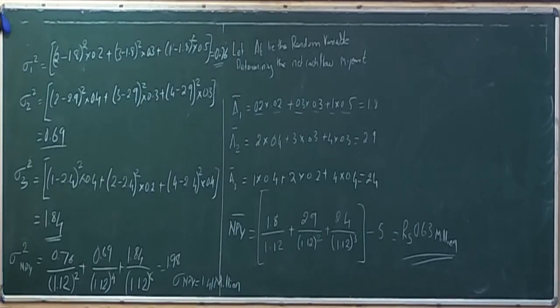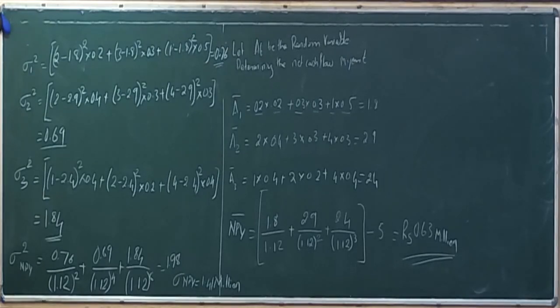So the expected net present value, that is NPV bar, is calculated as 1.8 divided by 1 plus 0.12, where 12% is the cost of capital. So this becomes 1.12 raised to t, where t is the number of the year we are calculating. Here t is 1 for the first year.